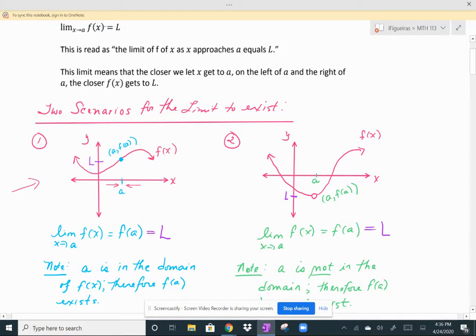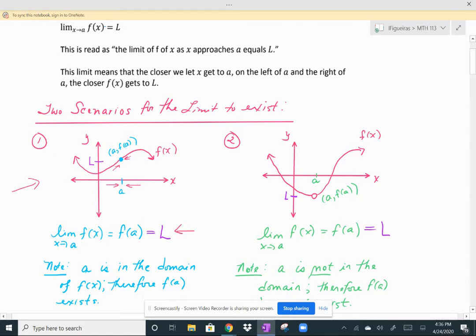If you look at what the path of the function is doing, when I'm on the left side of a, it's getting closer to this blue point, and when I'm on the right side of a, the path of the function is getting closer to the same blue point. That blue point is f of a, or the value that we call L. So the limit value is equal to f of a, called L.